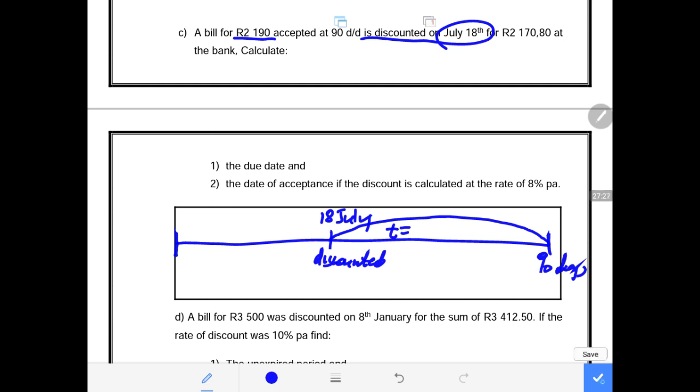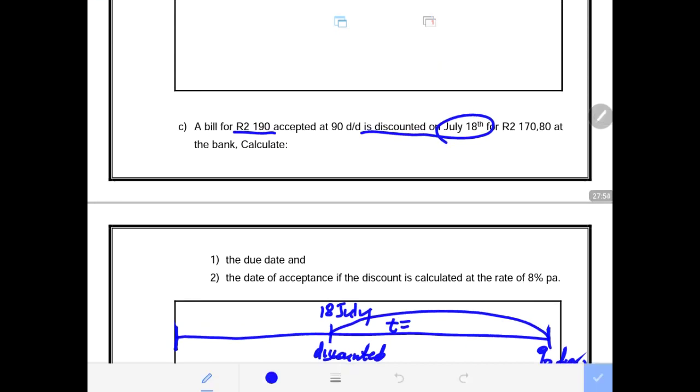Now, if we can get to know the unexpired period, which is our T, then obviously we will know the days between acceptance and the discount date, meaning we can end up knowing the date this bill was accepted. But so far we don't know what they will require us to calculate.